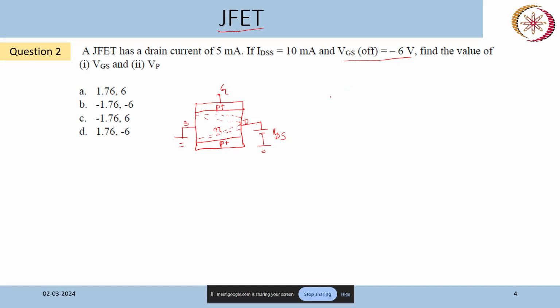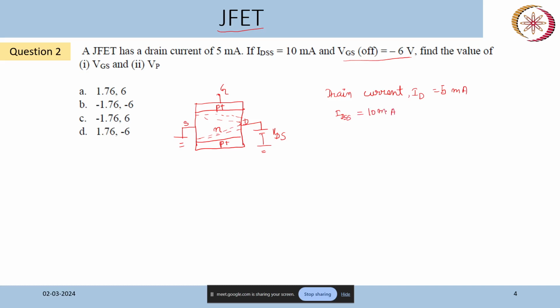Now the drain current is given as 5 milliampere, and IDSS is equal to 10 milliampere.